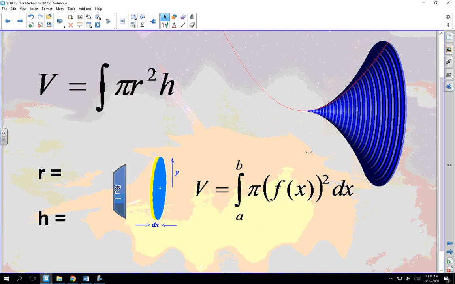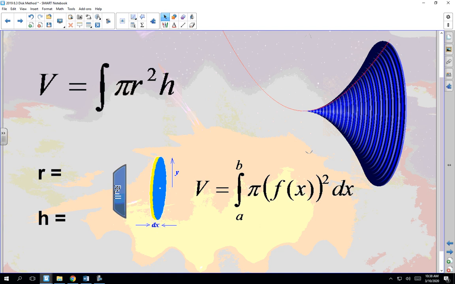Why is that? Because it's the increment for the height of each individual disk. That's what they're showing right here. You might need to draw this picture, but it's the increment for the height of each individual disk. That's exactly what it is. dx is the h, and f of x is the r. And we integrate from a to b as you go from left to right.